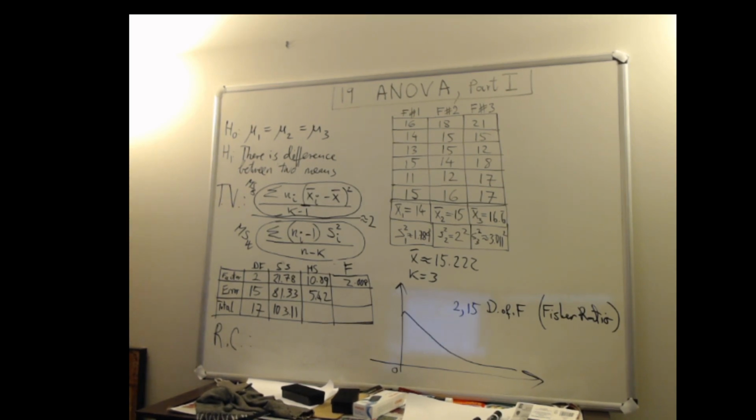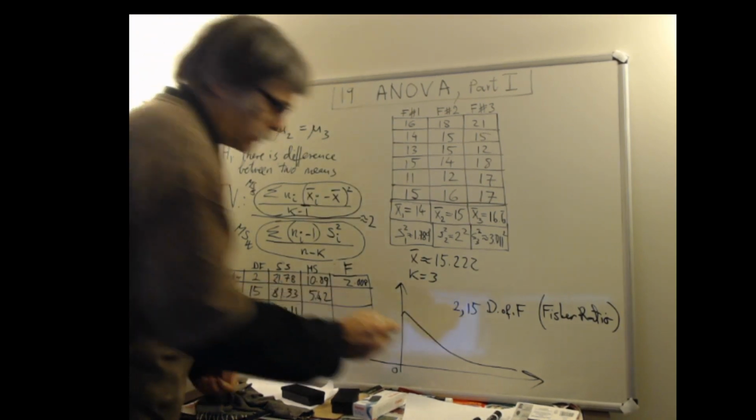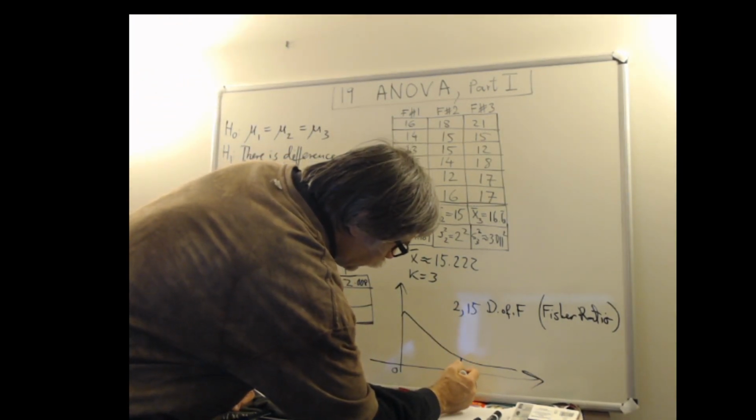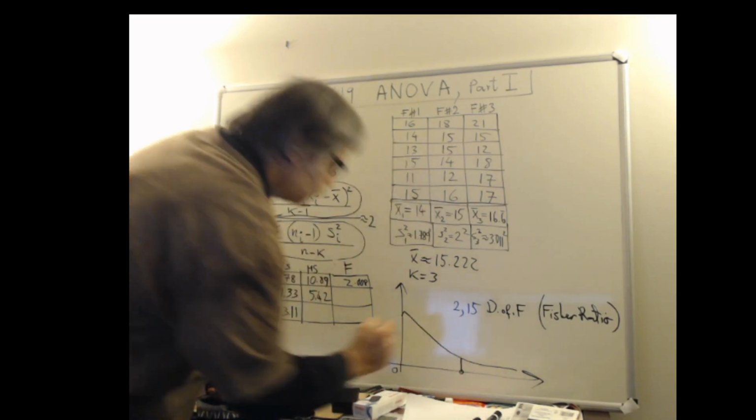Okay. So now you're going to have to find this table. I already said you have 8 pages of the table: 2 pages for 10%, 2 pages for 5%, 2 pages for 2.5%, and 2 pages for 1%. We are going to use the 5% level of significance. So I'm looking for this value here.